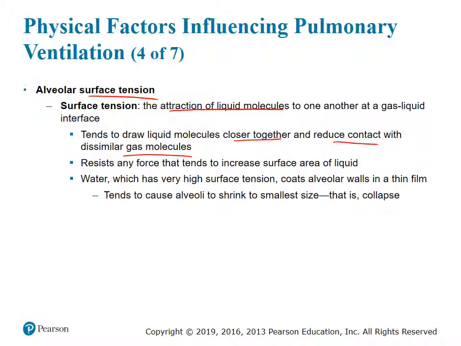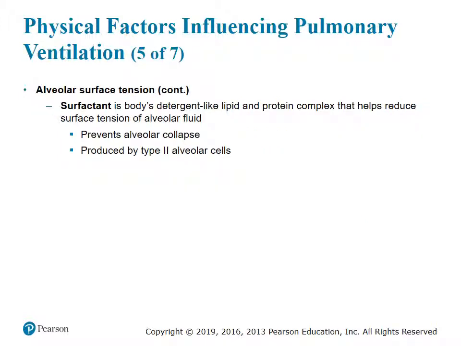And that actually is a good thing. It decreases resistance. Again, the surfactant is that surface tension type of fluid, and it's produced by the type 2 alveolar cells that are part of the alveoli.